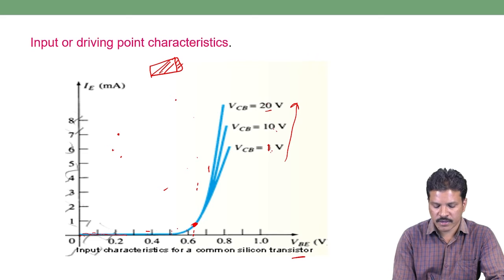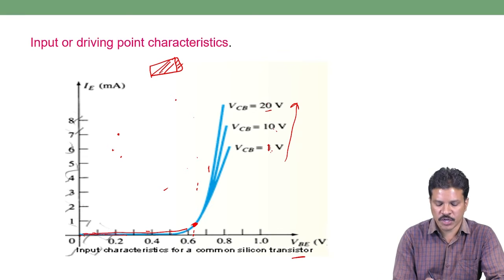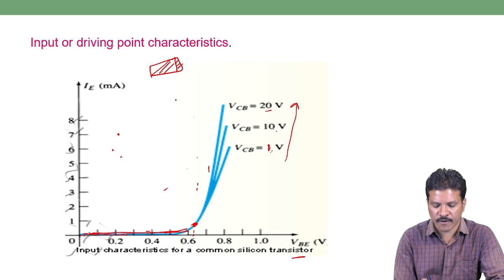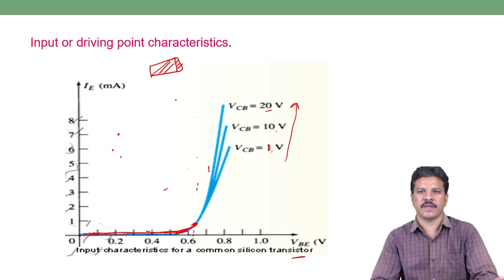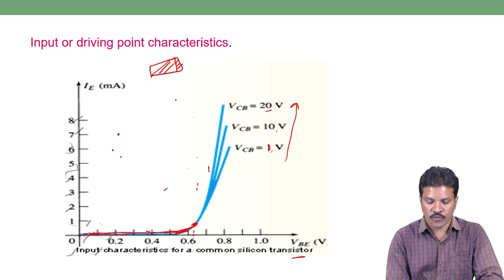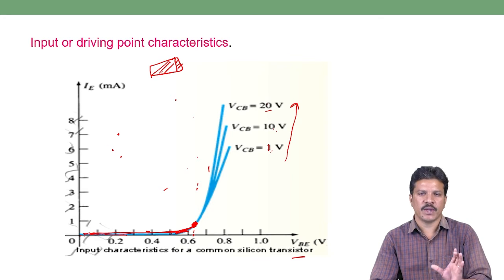So to turn on the transistor, the input base to emitter voltage must be greater than the cut-in voltage, which is 0.7 or 0.6 for silicon and 0.3 for germanium. Only when we provide the minimum cut-in voltage between base and emitter does the transistor get on.